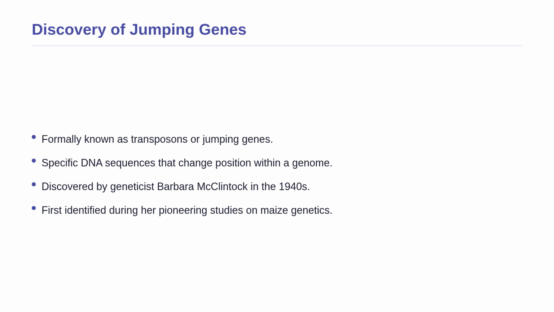This groundbreaking phenomenon was discovered by the brilliant geneticist Barbara McClintock in the 1940s. While studying the genetics of maize, or corn, she noticed that certain genetic traits were turning on and off in ways that could only be explained by genes physically moving around the chromosomes. This completely changed our understanding of genetics.